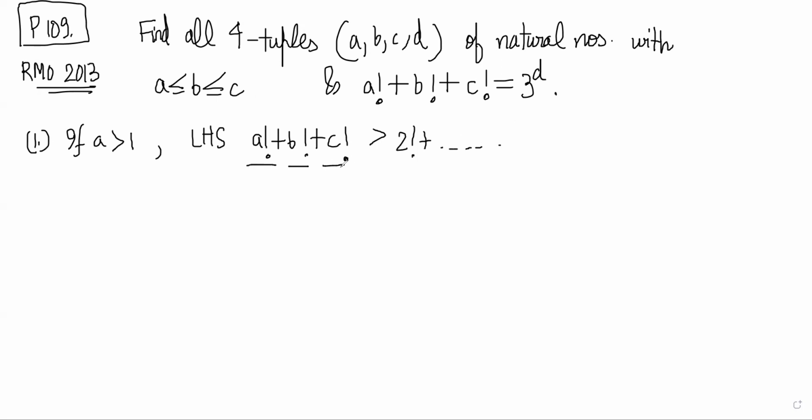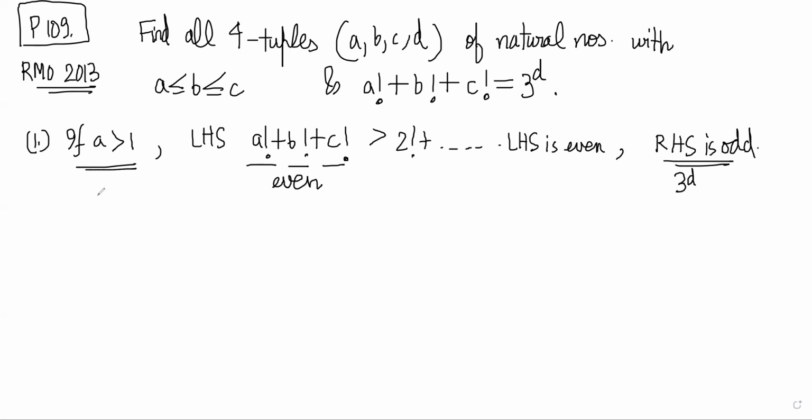But all of these higher factorials are even. So LHS will be even, but RHS is odd. RHS is odd, why? Because 3 power D has no factor of 2, right? So therefore, A greater than 1 is not possible, right? So therefore, A must be 1. So we have concluded about the value of A.